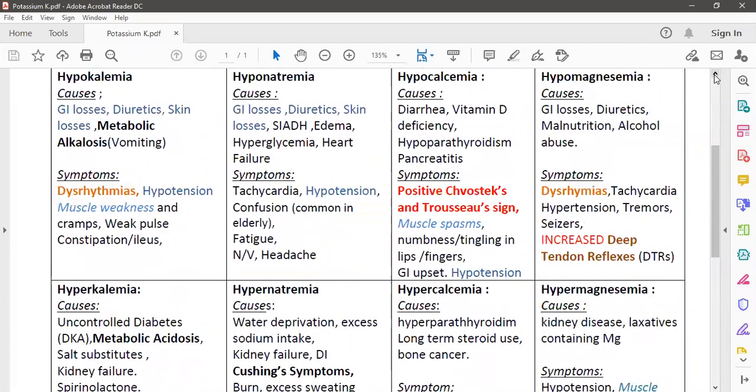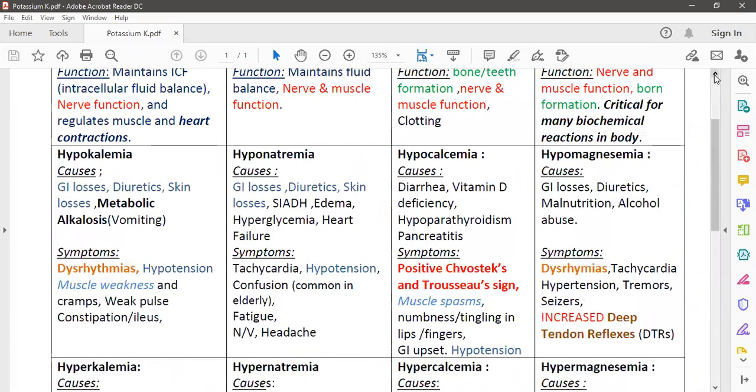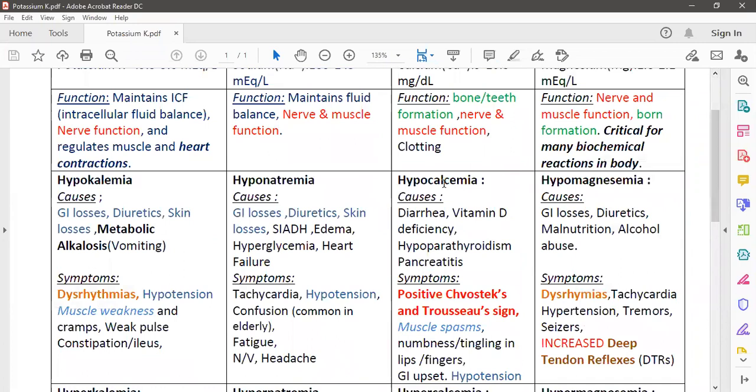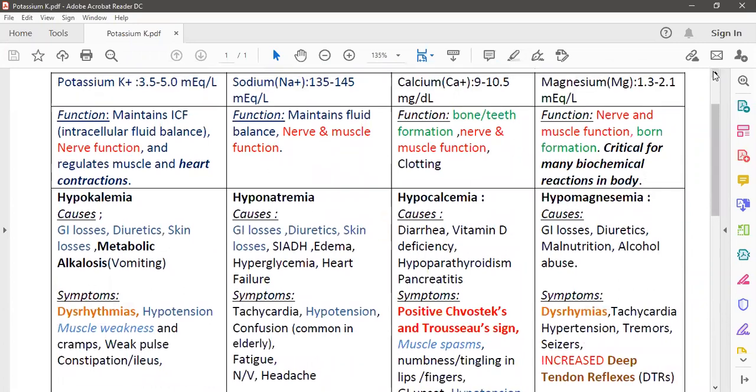Next one is hypocalcemia and hypercalcemia. So question, what is the normal range of calcium? It is 9 to 10.5. Some books say 8.5 to 10.5. I remember California, 8.5 to 10.5.